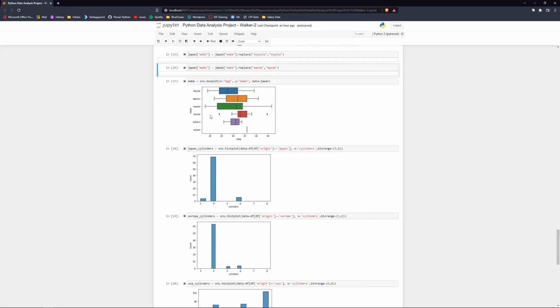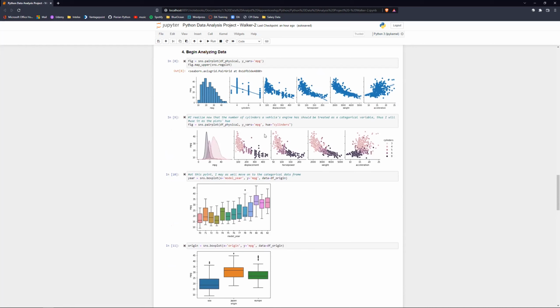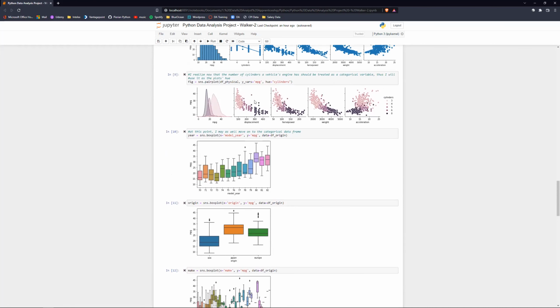So once I was finished with that, I was thinking back to the cylinders and how that was interesting to look at, and I was trying to relate the cylinders to the origin. So I made histograms of each region's cars and the number of cylinders they had.